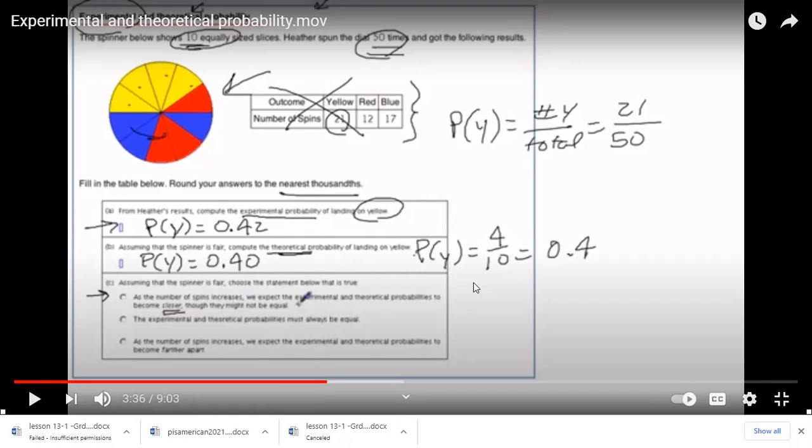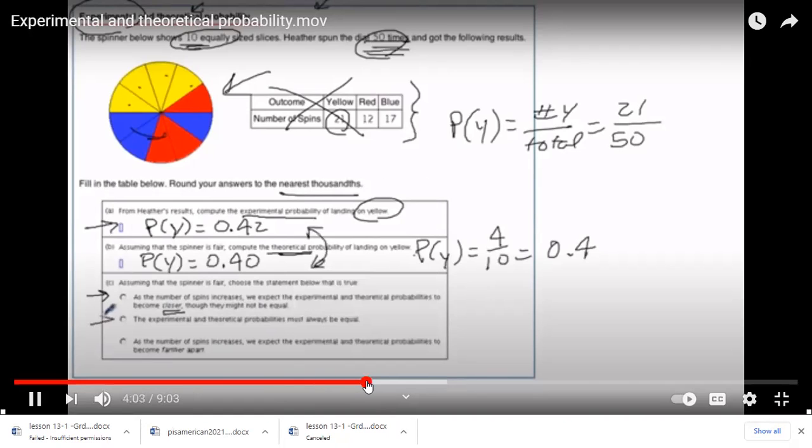You made the experiment 50 times. If you make it 100 times or 1,000 times, the more it increases, the more accurate and closer to the theoretical probability it will be. Understood this point?